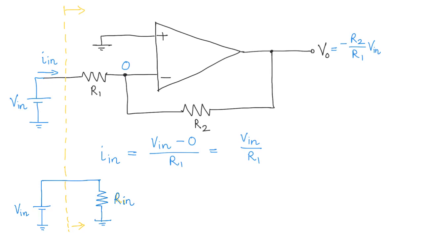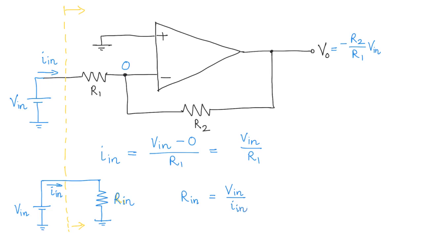So what is this Rin going to be? Of course, the answer is that if the current is Iin and the voltage applied is Vin, then Rin is basically equal to Vin over Iin, right?